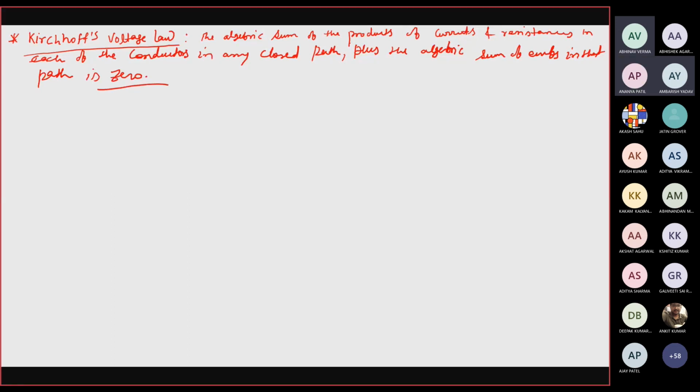Right? It means the algebraic sum of the product of current and resistances. What does it mean? It means the voltage drop across the conductor or the different parameters of the circuit. If only a resistor is used as a parameter in any electrical circuit, then the product of current and that resistance value will give you the voltage drop across that resistor.